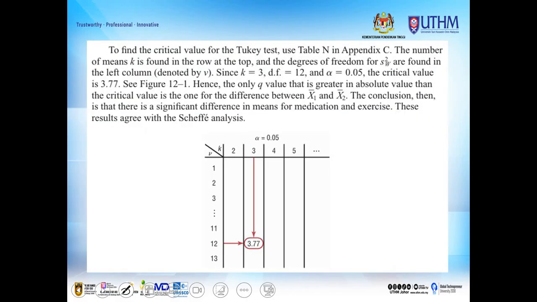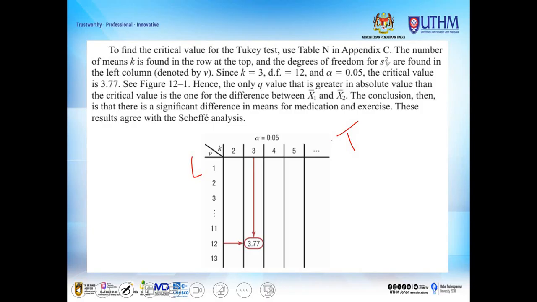Let's see. To find the critical value of the Tukey test, use table N in appendix C. Just now we used table H, right? This one is table N. The number of means K is found across the top. Usually the table name is given as the Tukey table, so don't get confused. The degrees of freedom for the within variance are found in the left column denoted by v.